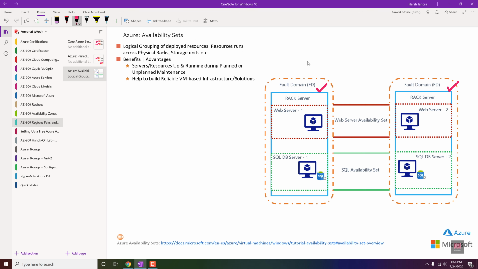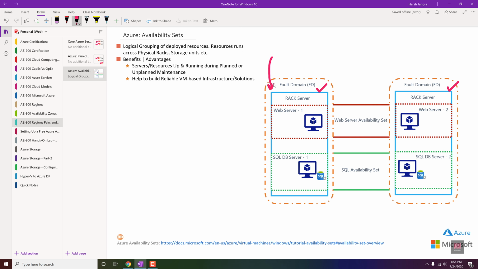Okay, so to understand this, I have planned to create two resources, one web server and a second, a SQL server. So currently I have contacted the Microsoft Azure orchestrator and asked, hey, I need to create a resource as a web server and I choose this particular VM size.